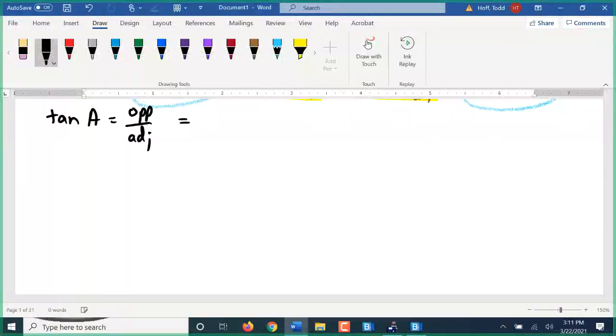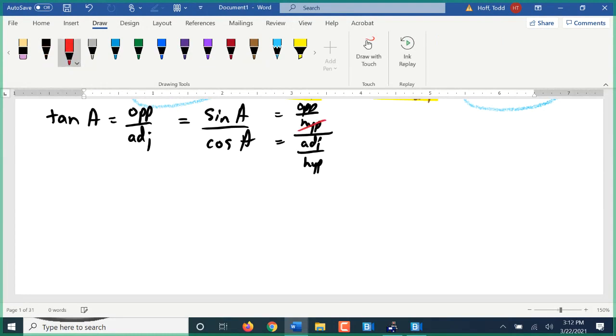And we saw that you can actually find that by doing sine of the angle divided by the cosine of the angle. Because the sine is opposite over hypotenuse, and the cosine is adjacent over hypotenuse. The hypotenuse divides out there, leaving us opposite over adjacent. So if I want to find the tangent of an angle, it's the sine over the cosine.